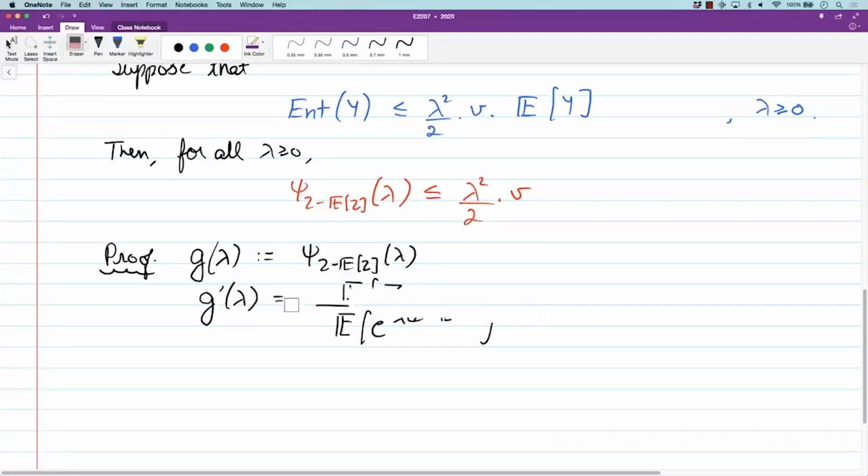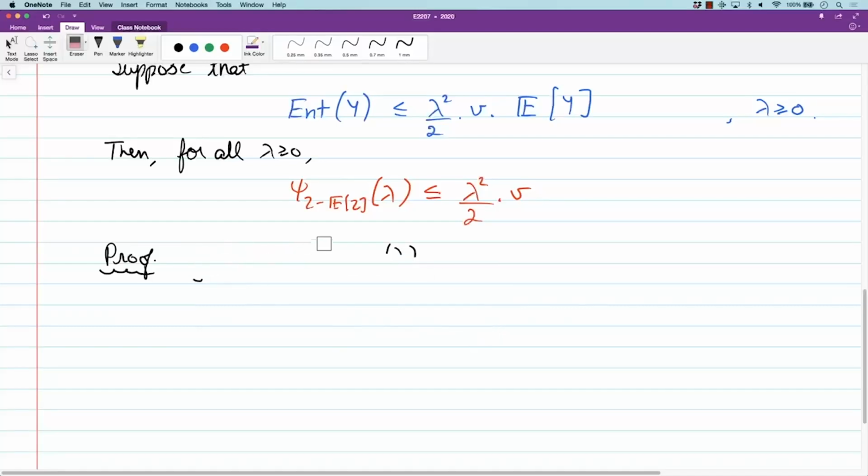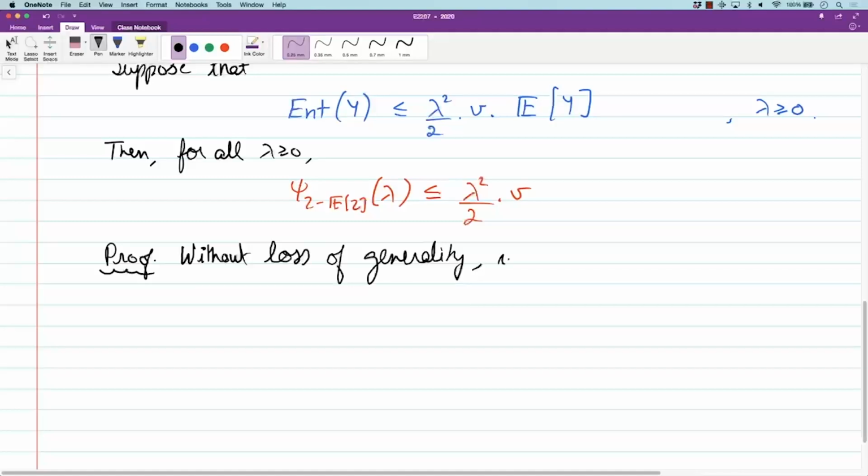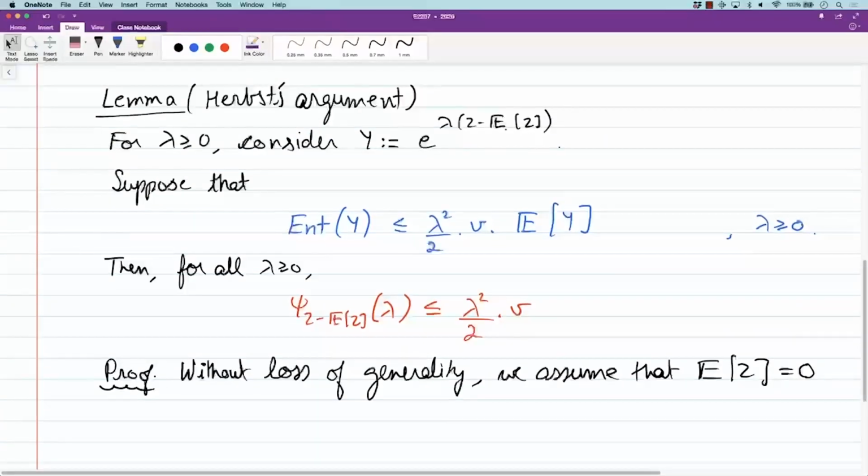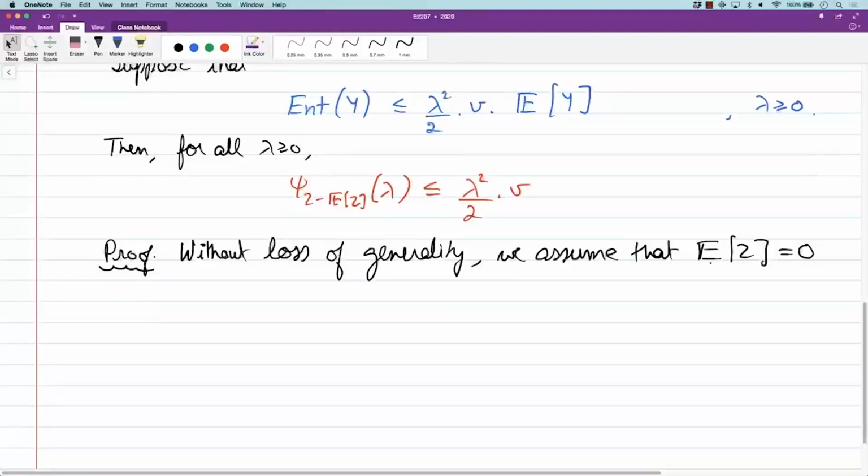Actually, just to make my job easy, what I first notice is, without loss of generality, we assume that the expected value of z equals 0. Note that since we are centering this random variable anyway, we can just assume this.